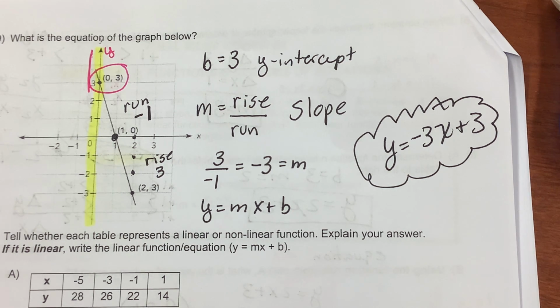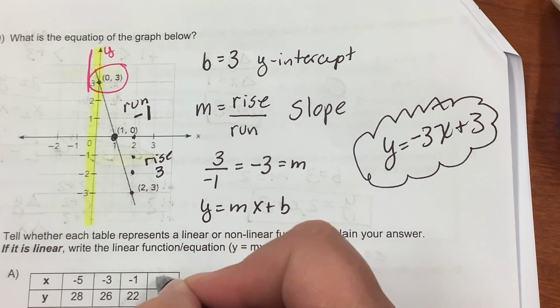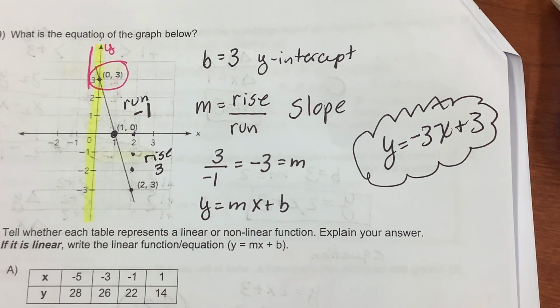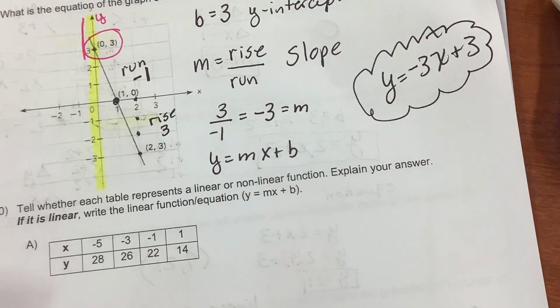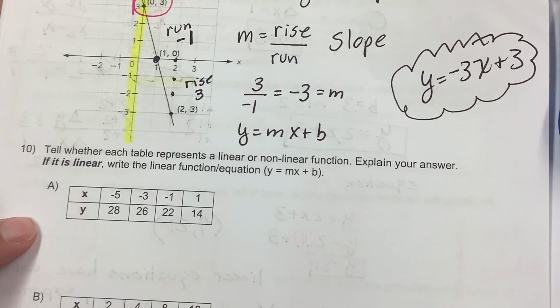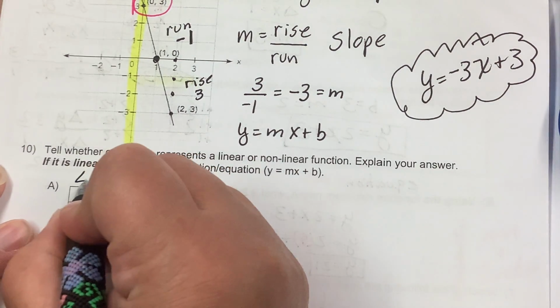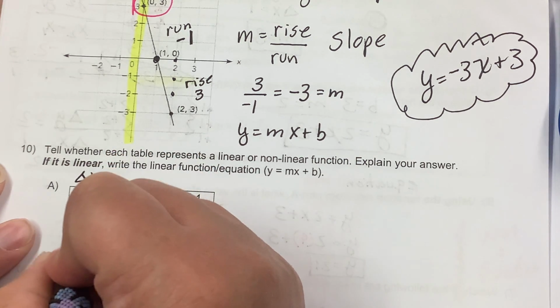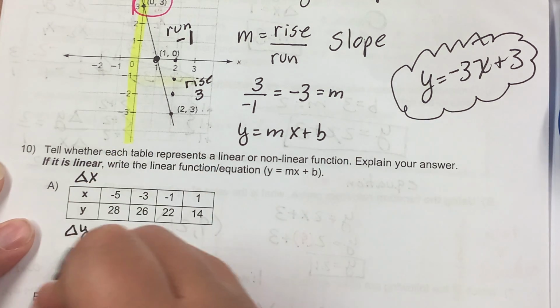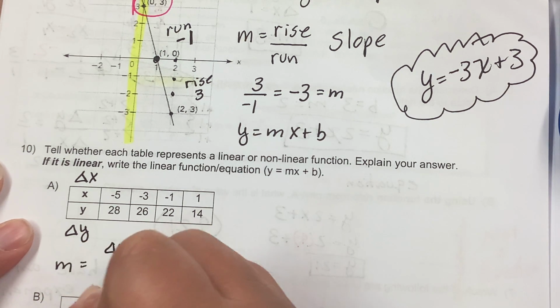Rate of change is the difference between the numbers. It has to stay the same or be equal fractions. So, we're going to have to find the change in x and the change in y. The slope is the change in y over the change in x.